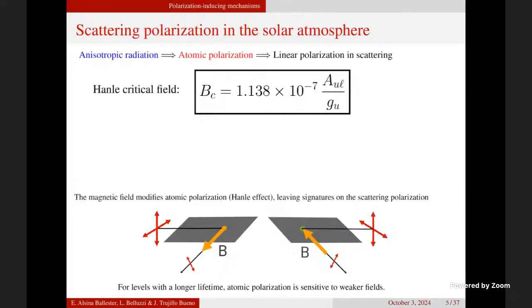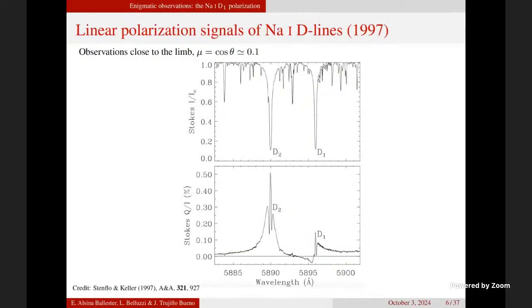And well, as I said, scattering polarization is typically found for large inclinations, and therefore it is found typically in more abundance when observing close to the limb. Here I want to show you one of the observations that kicked off the so-called solar D1 sodium paradox, which were some observations taken at Kitt Peak with the ZIMPOL imaging polarimeter.